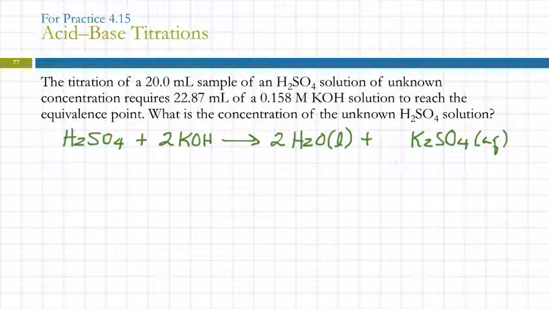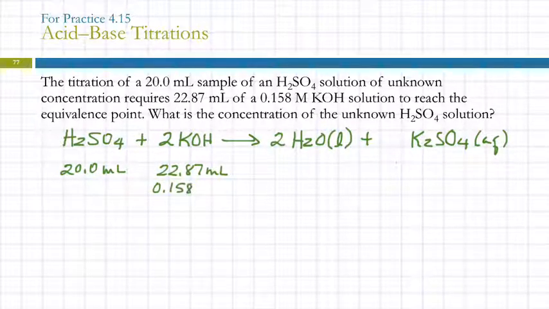Okay, let's take the numbers and put them under the equation. So 20 milliliters of the H2SO4. 22.87 milliliters of KOH. And they give us the concentration, moles per liter.